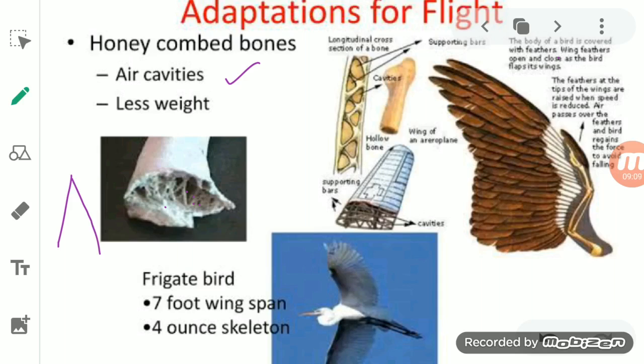Right now we were studying in the cockroach that the legs are attached to the breastbone, which is present in the exoskeleton, and these legs are attached to the breastbone with the help of flight muscles. The same thing here, the breastbone is extended.